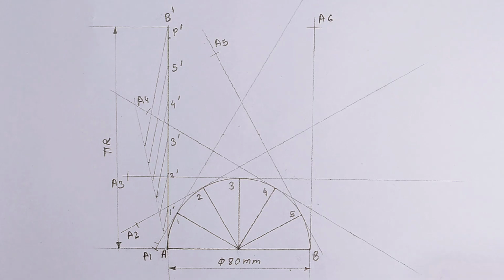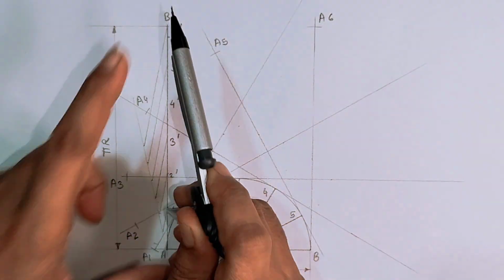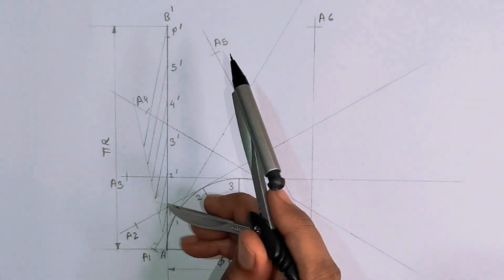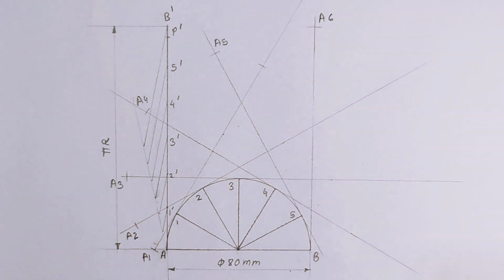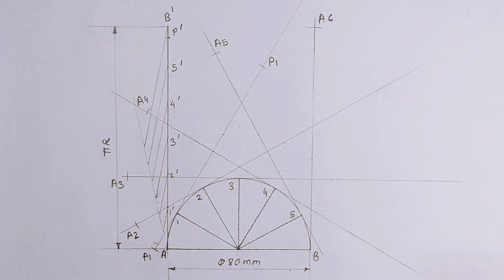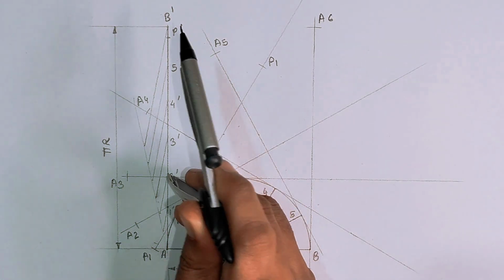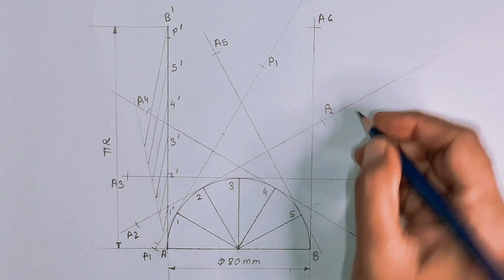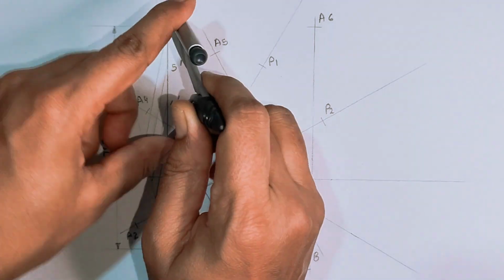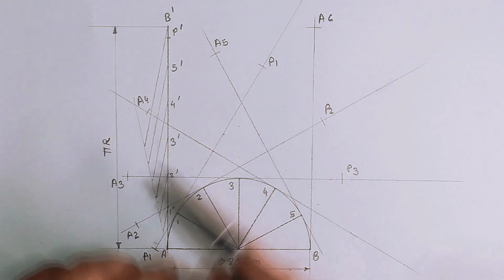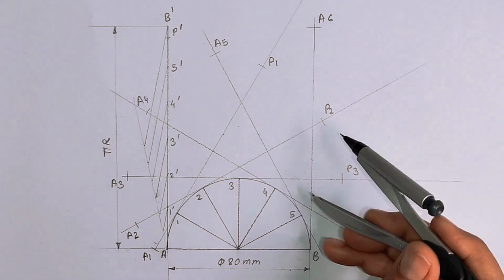The next step, to trace the upper side of the rod, take the distance from 1 dash to P dash, place the metal point on 1 and mark the tangential rod which goes from point 1, and mark that point as P1. Again take 2 dash to P dash, place the metal point on 2 and mark the point, and repeat the procedure up to P6.